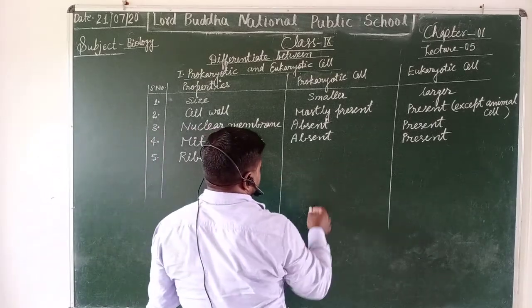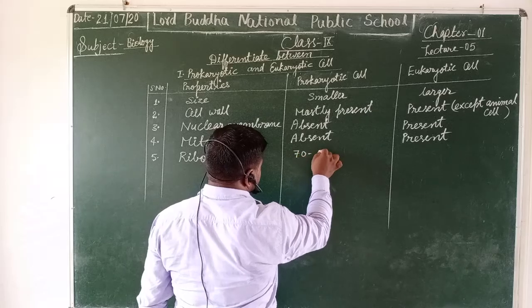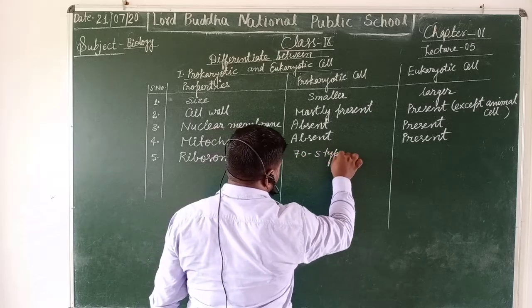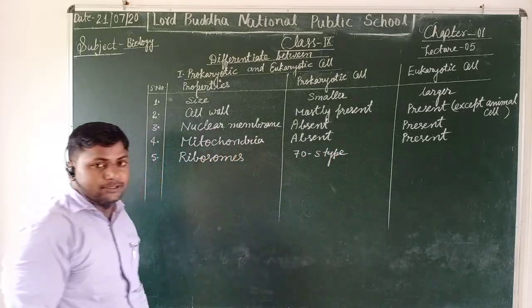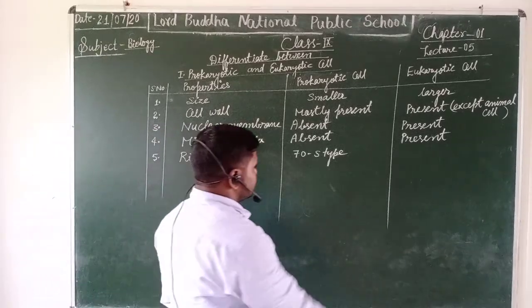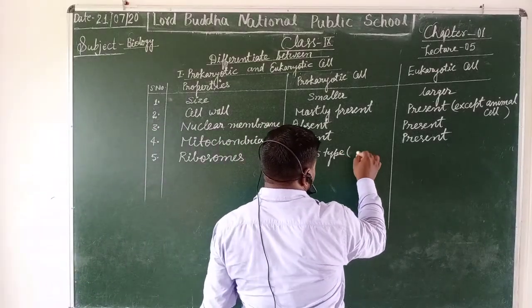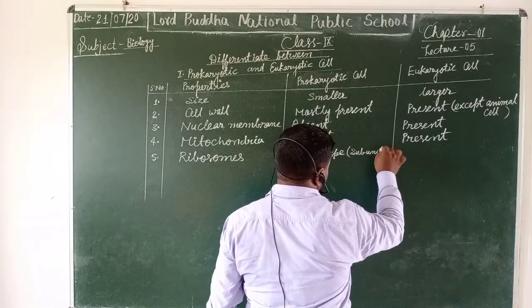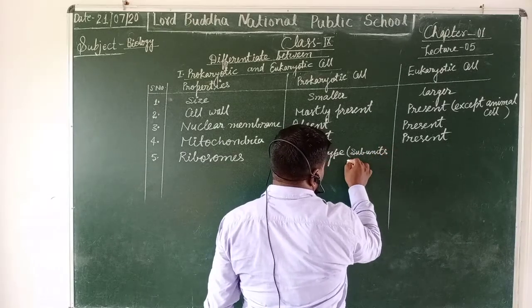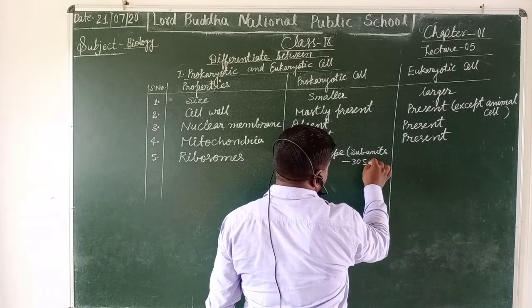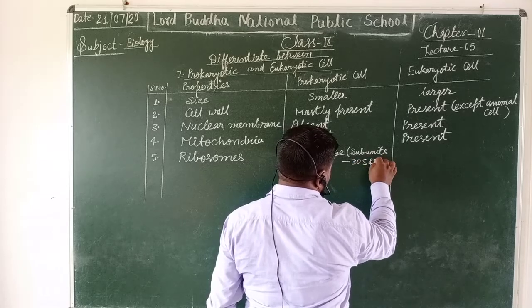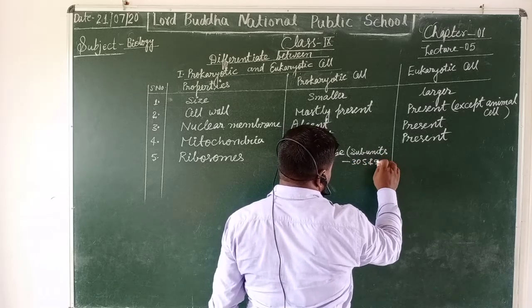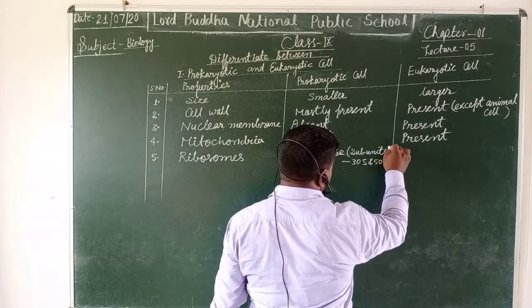In prokaryotic cell, 70S type of ribosomes are present, whose two subunits are 30S and 50S.